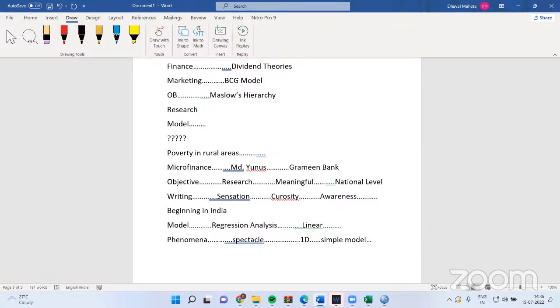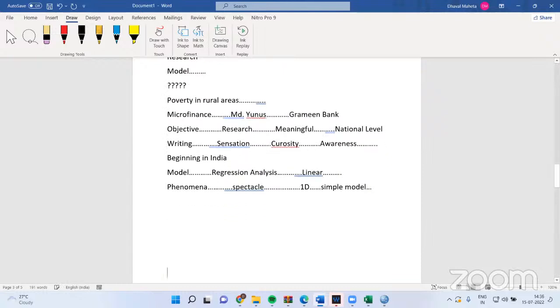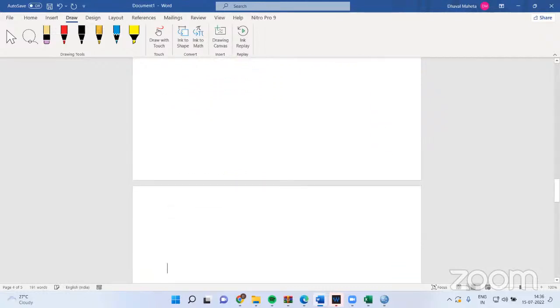It is not necessary. But if we are trying to give a phenomena an equation, there will definitely be some error. No need to worry. Is it clear? Shall I proceed further? Yes, sir.